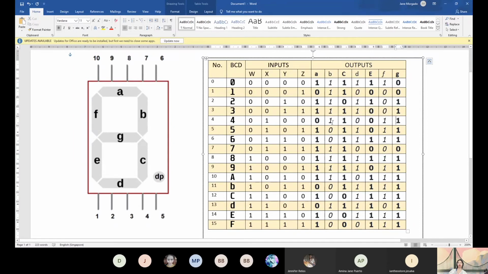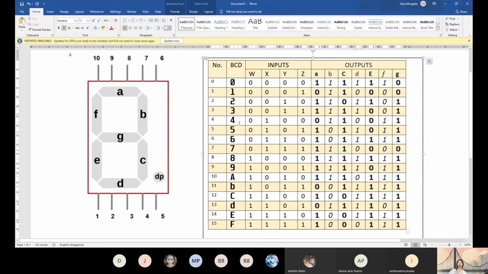For 4, 4 is F, G, B, C. The rest are 0, so we have A, D, and E as 0.